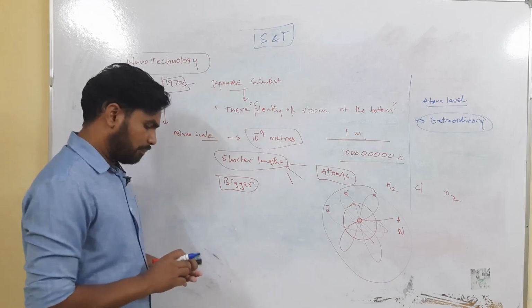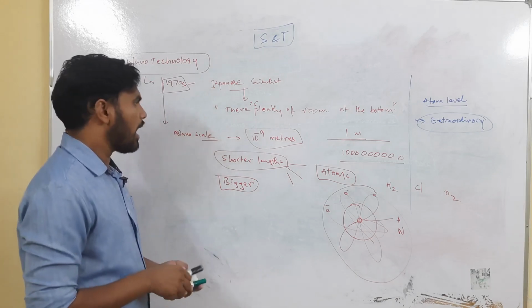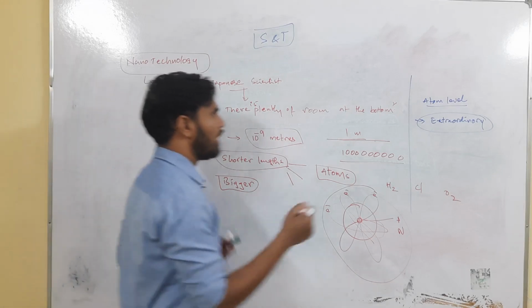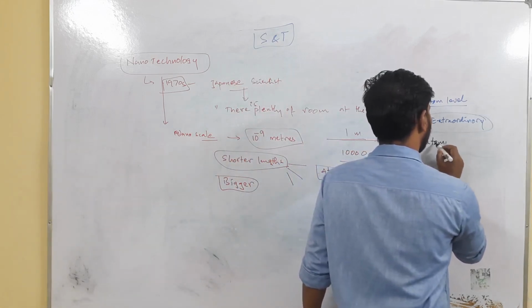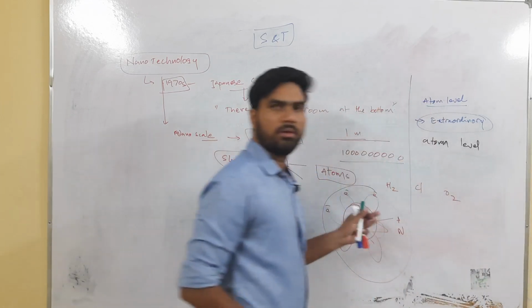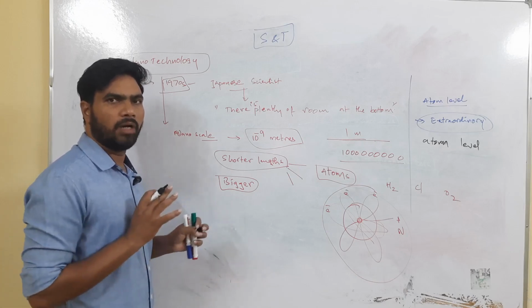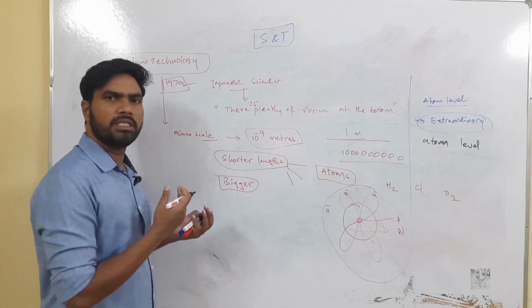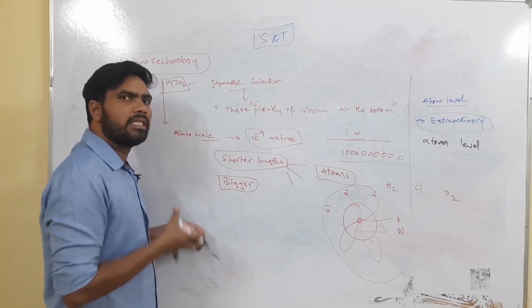Then as part of nanotechnology, what I am doing is trying to go to the atomic level, or atom level, with the same whiteboard. I started working at the atom level with this same whiteboard. I tried to change the order of the atoms present in this board.